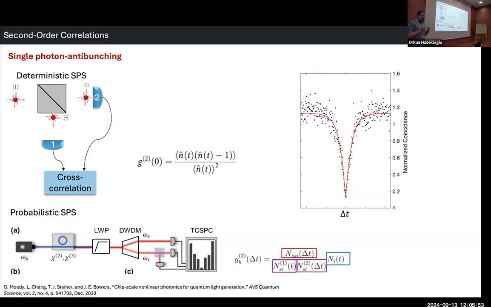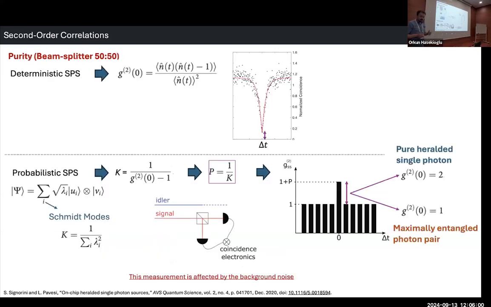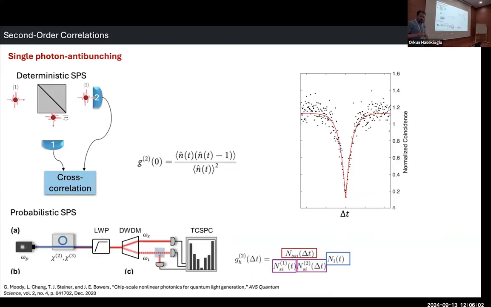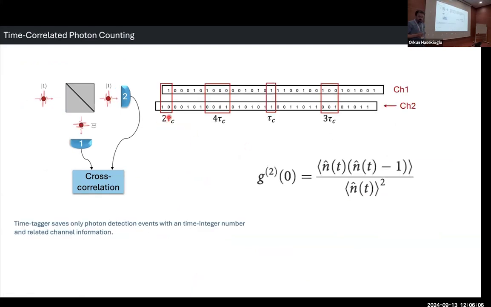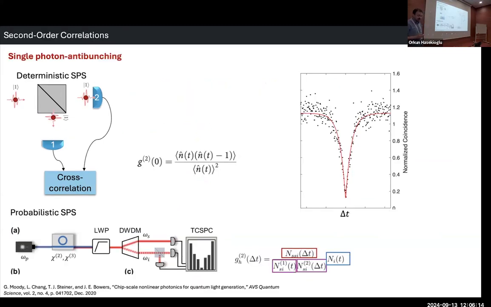These photons are always heralded or created together, and there are other processes to calculate the G2 function from this. In the previous slide, we only calculated the two channel correlations, which is easy. But for this, we need third order correlations.